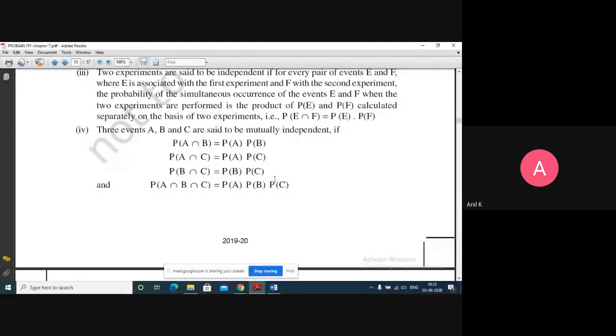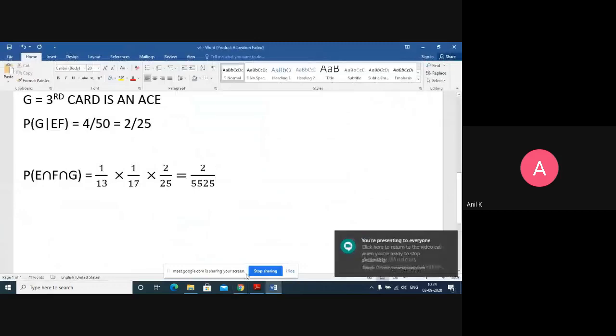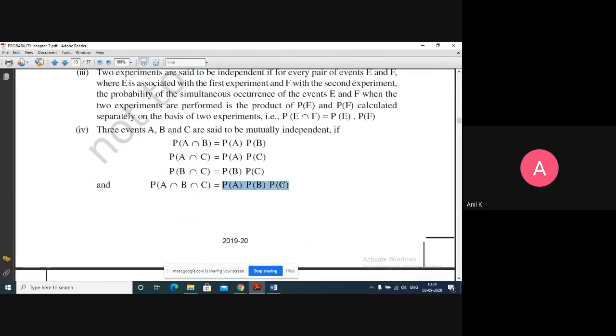Even if your three events A, B, C are independent, then the probability of A intersection B intersection C will be the same as P of A into P of B into P of C. Generally, if they are dependent events, one depending on the other, then we discussed the formula in the class as P of A intersection B intersection C equals P of A into P of B slash A into P of C slash AB.